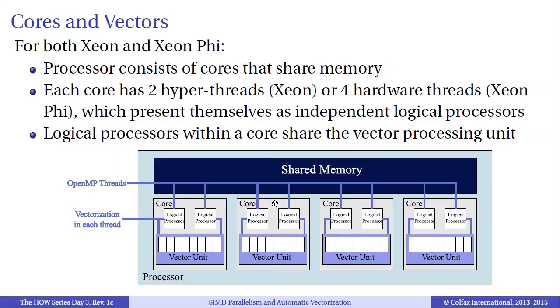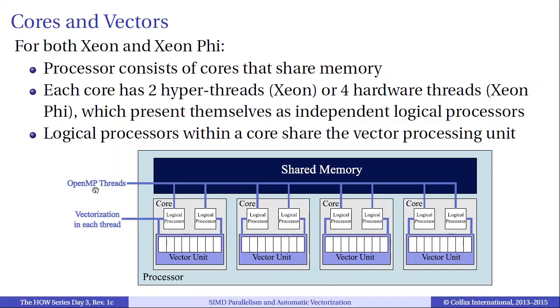Cores can run independent processes or independent threads, and we will talk about threads on Monday in the next session. So software threads can be distributed across cores, but even more, each core represents itself as 2 or 4 logical processors.